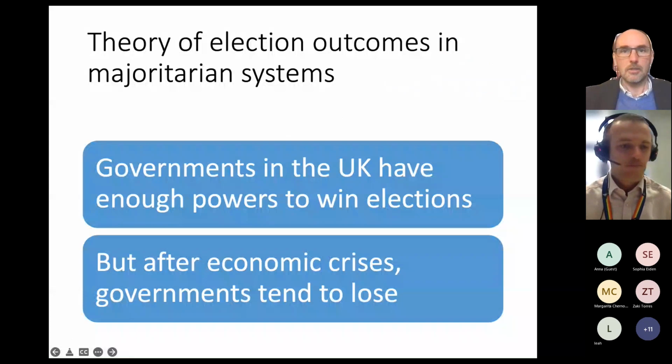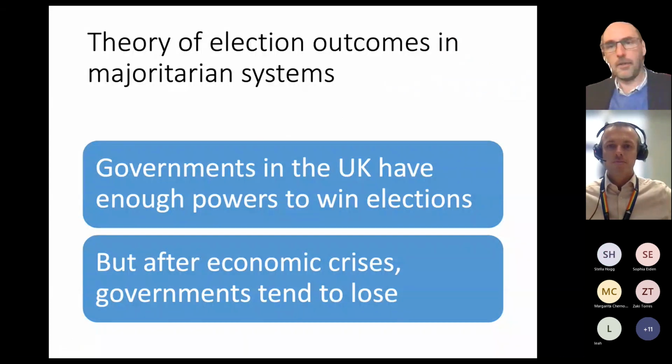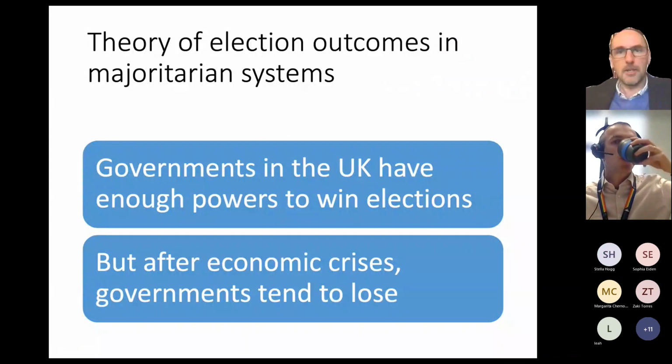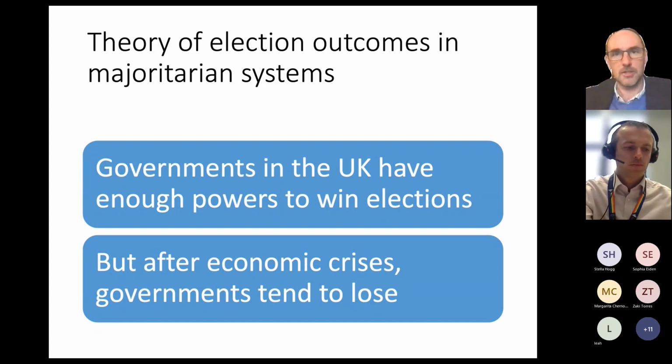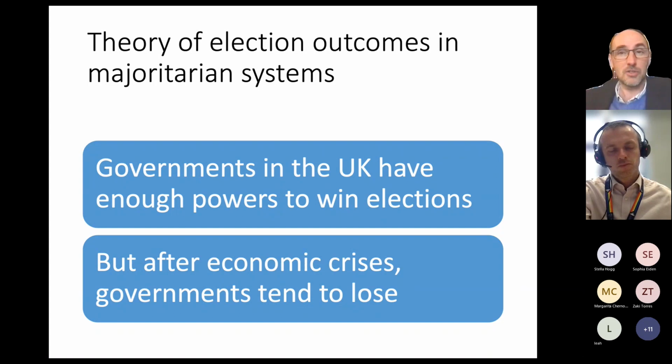Okay. So I'm going to start off by looking at this idea of the UK as a majoritarian system. Some of you might have heard of the idea of proportional representation systems for elections and majoritarian systems with so-called first past the post electoral systems. And the UK is the latter, which means that we tend to have politics dominated by two parties.